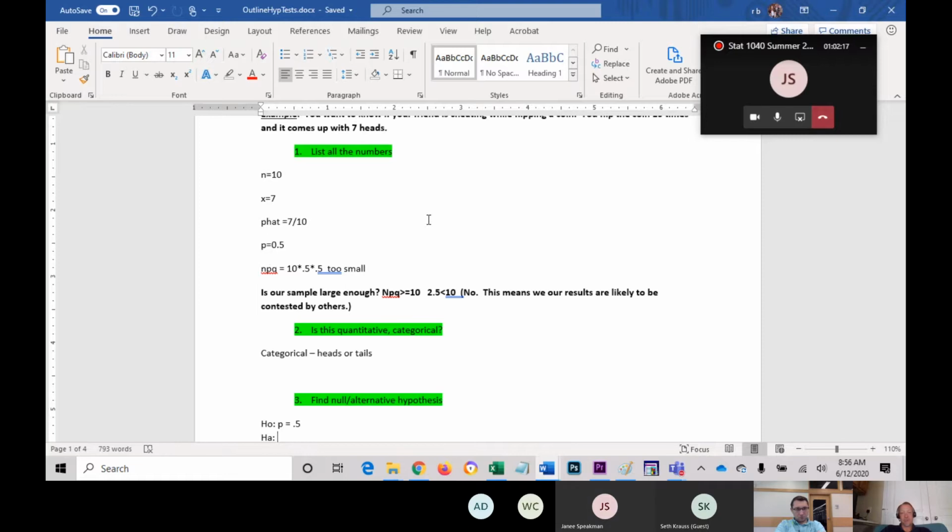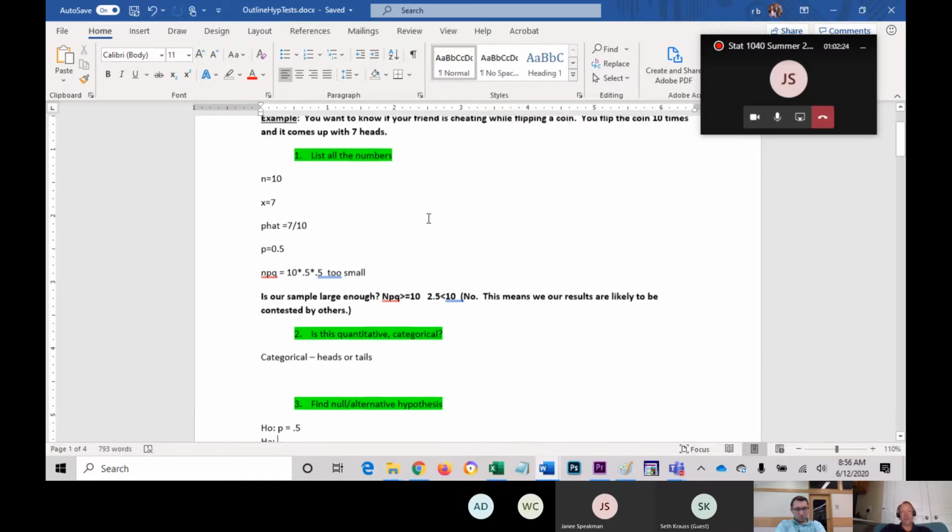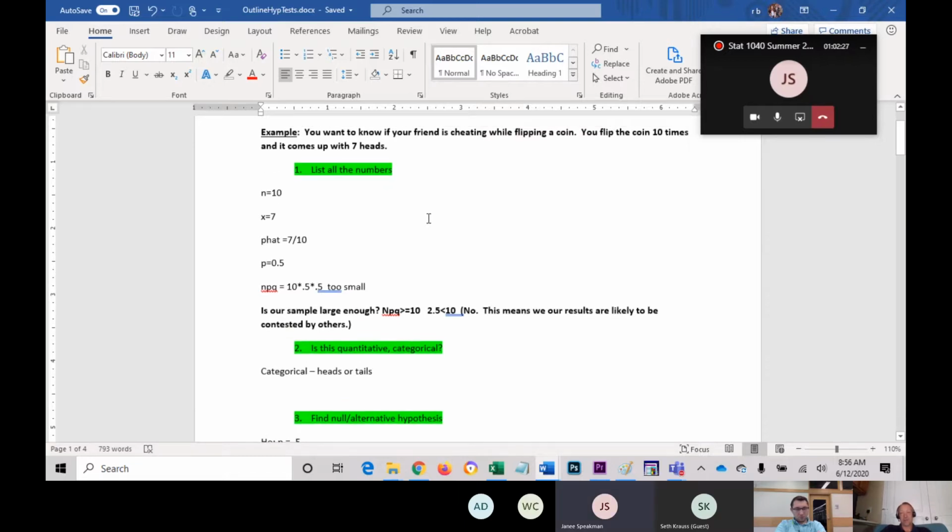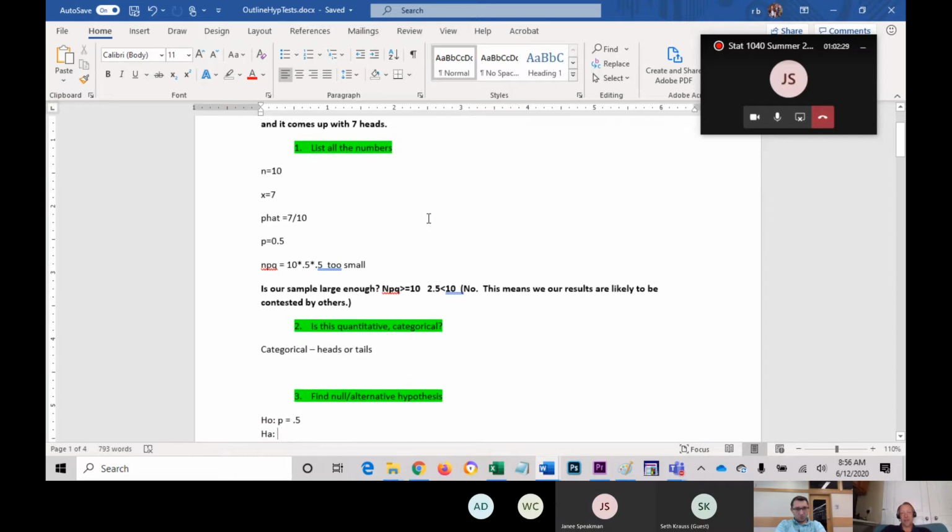So we don't know if P is going to be greater than 0.5 or less than 0.5, because we didn't really define it very well, did we? No. So what do you think the alternative is? Would it be P is greater than or equal to, or greater than or less than? You could do P does not equal 0.5, because I don't know how to make a not equal sign.